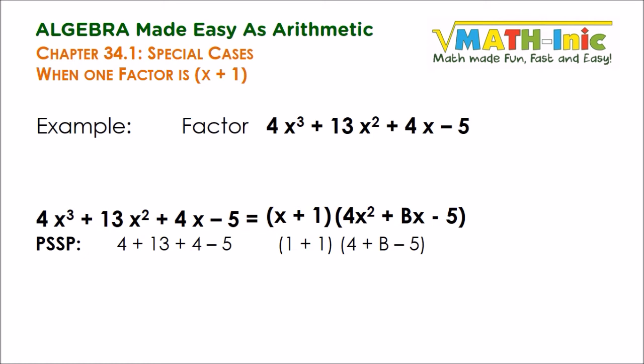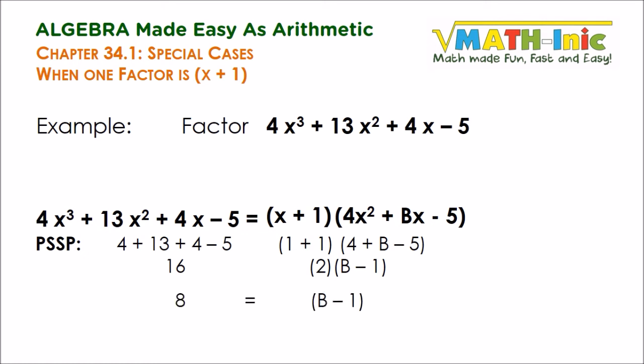So we add the left hand side, 4 plus 13 plus 4 minus 5. So we get 16, and then on the other side we add the coefficients. The coefficient of x is 1, 1 plus 1 is 2, and then 4 plus b minus 5 can be simplified into b minus 1. So that would lead to 2 times b minus 1 should be equal to 16, right?